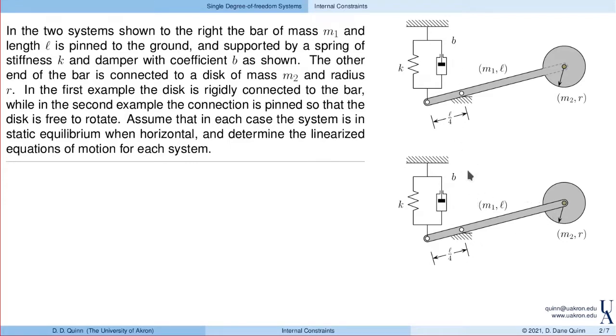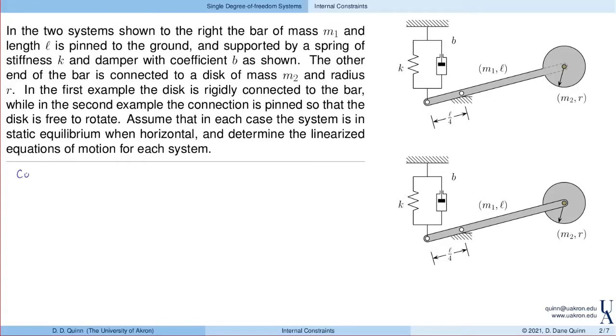So each of these is supported on the other side by a spring of stiffness K and a damping coefficient B. And here I want to find the linearized equations of motion for each system. So we're just looking at small displacements of the bar/disk combination.